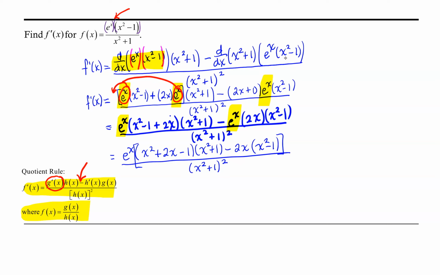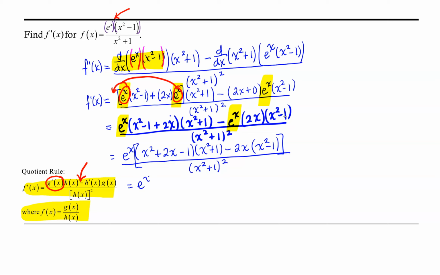So factoring out these two factors of e to the x, leaving us with this polynomial times x squared plus 1 minus the 2x times the x squared minus 1. Okay, so let's go ahead and simplify that numerator a little bit more.